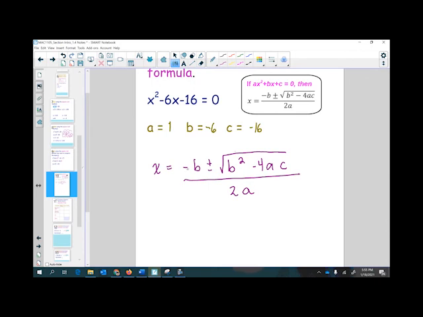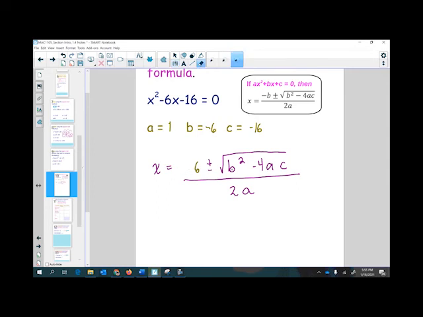So let's start with -b, and I'm going to put in the value of b, which is -6. Now, because I have a double negative here, a negative times a negative becomes a positive. So I'm just going to get rid of that.